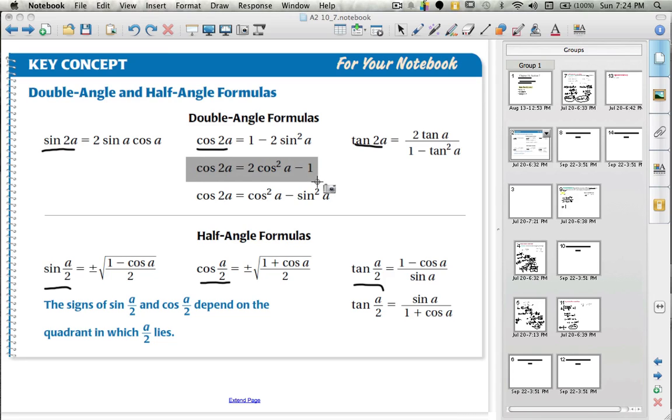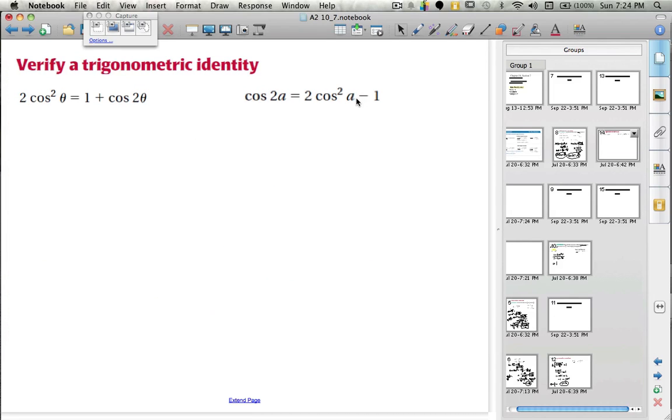So again, I'm comparing to my identities. We'll look at that. So 2 cosine squared a minus 1 is equal to cosine of 2a. So if I substitute, again, I'm going to substitute this for this.